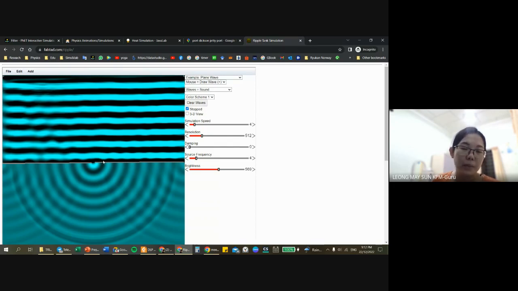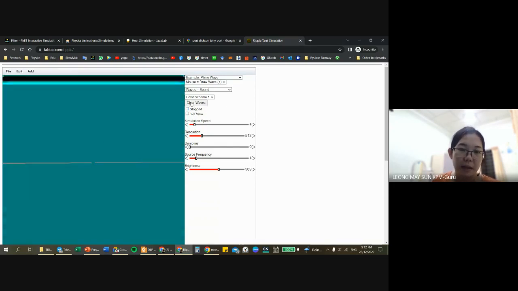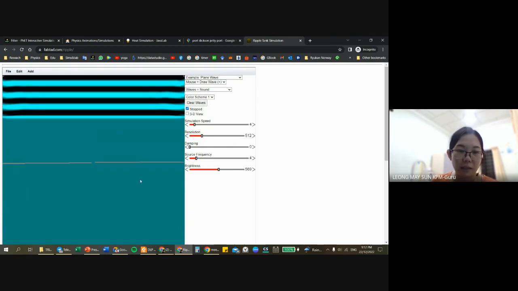You would notice that the color of the medium up and below is still the same, signifying that it's in the same medium. When it's in the same medium, the wavelength doesn't change. It remains the same. The frequency doesn't change because I did not change it. So what else changes?